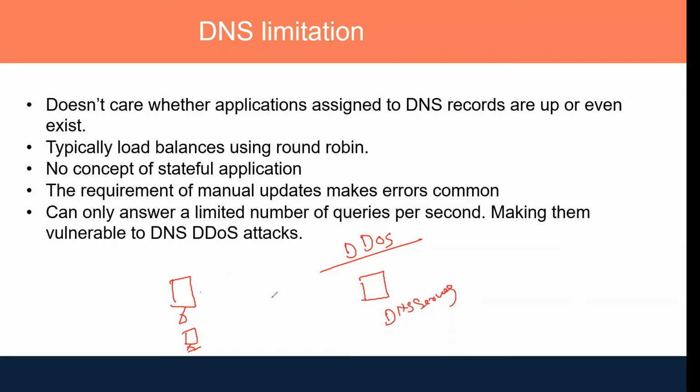Let's say these hackers send millions of DNS queries, 1 million DNS queries per second, to make the server go down. So when a legitimate user comes and tries to get the DNS services, what would happen? Your DNS server is not going to respond.